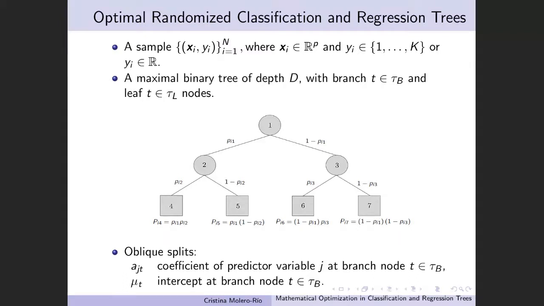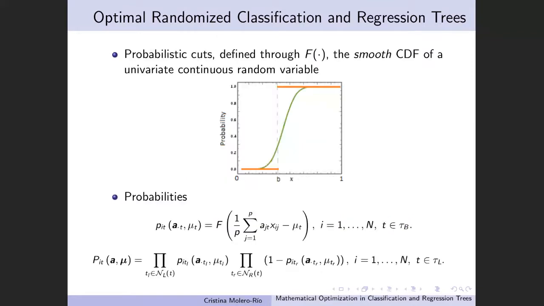That is, more than one predictor variable could take part in the splitting rule. So we need to define decision variables a_jt, which is the coefficient of predictor variable j at branch node t, and mu_t, the intercept of the oblique cut.